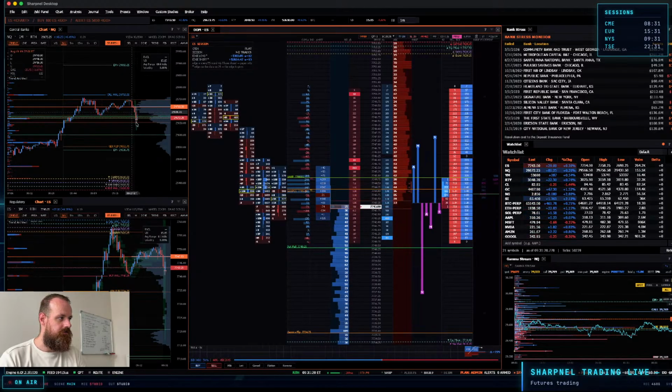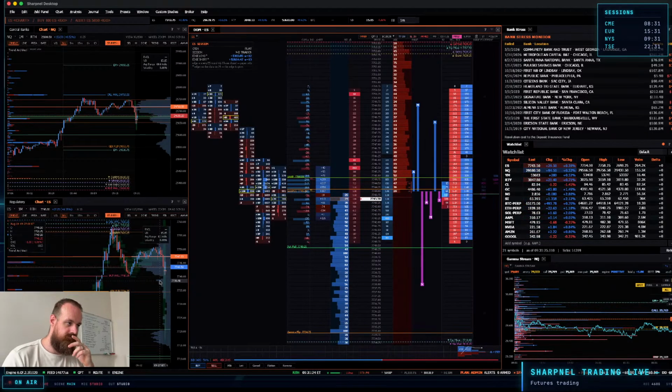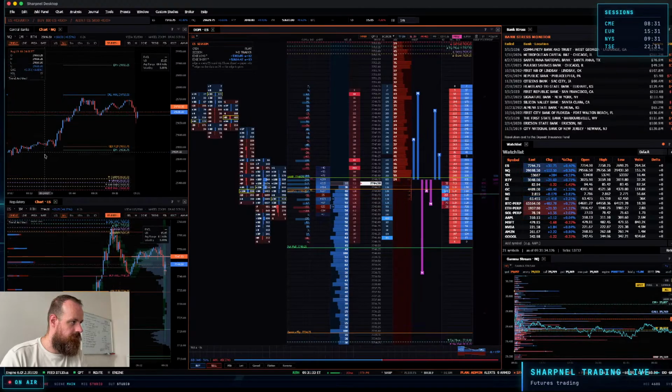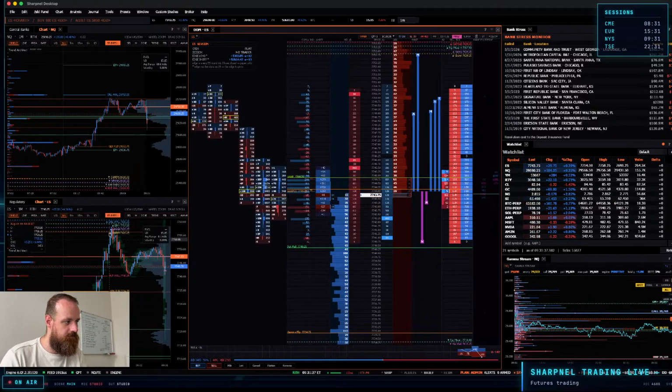Okay, they are trying to hold it up here. And what I like during the pre-market, you can also see it here on NQ, is that ES actually made a bigger move.